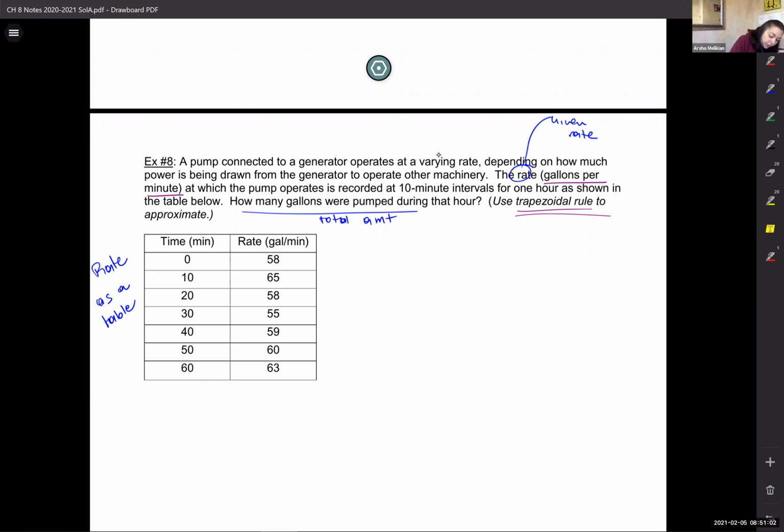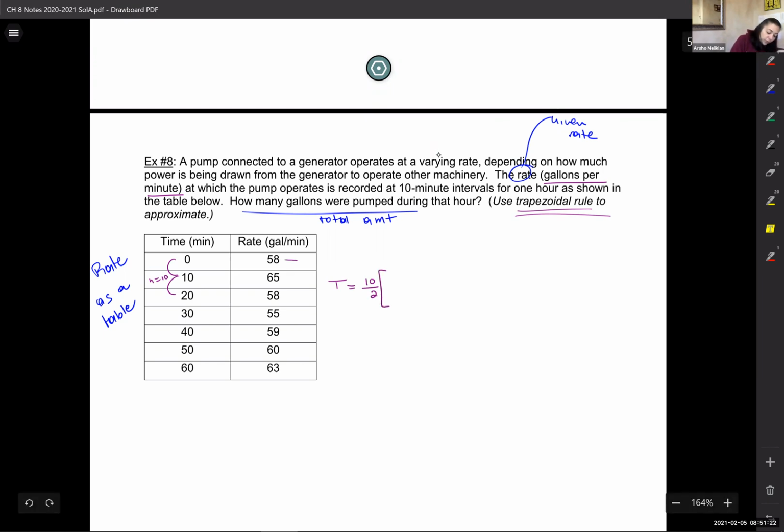All right, so here, let's see, what's the height? 10, right? That's the distance of the intervals. So it's 10 over 2.